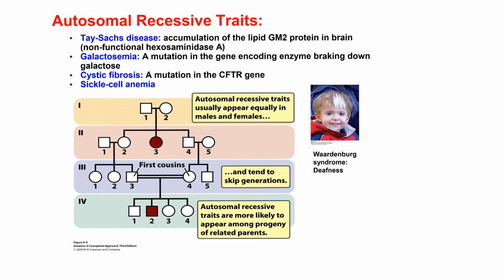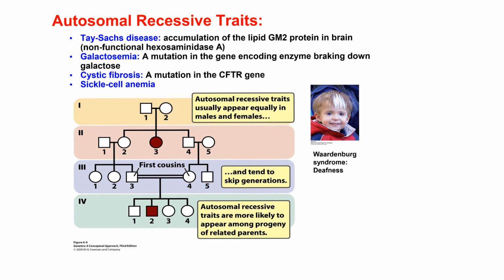You can have one generation, two or three, where you don't see the disease, and suddenly it reappears in the following one. So they skip generations. And third, autosomal recessive traits are much more frequent in families where close relatives marry, where there is consanguinity. There is increased prevalence of autosomal recessive traits.